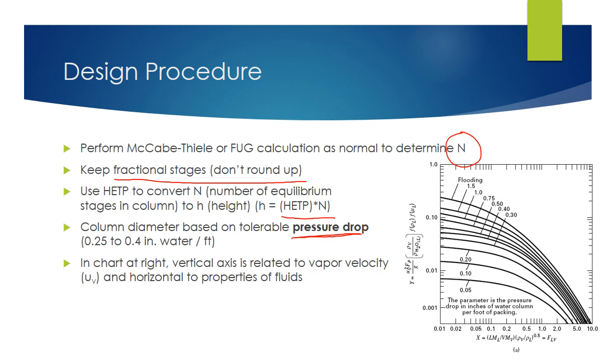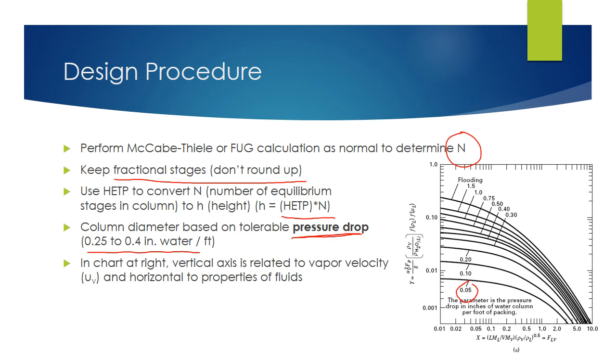So something like 0.25 to 0.4 inches of water per foot, and you can convert that to other units, of course, if you prefer metric units, but that's generally the order of magnitude of what's considered to be acceptable in a packed column. So what you can do is take a chart like what's on the right, and what is being plotted here is pressure drop on all of these curves.